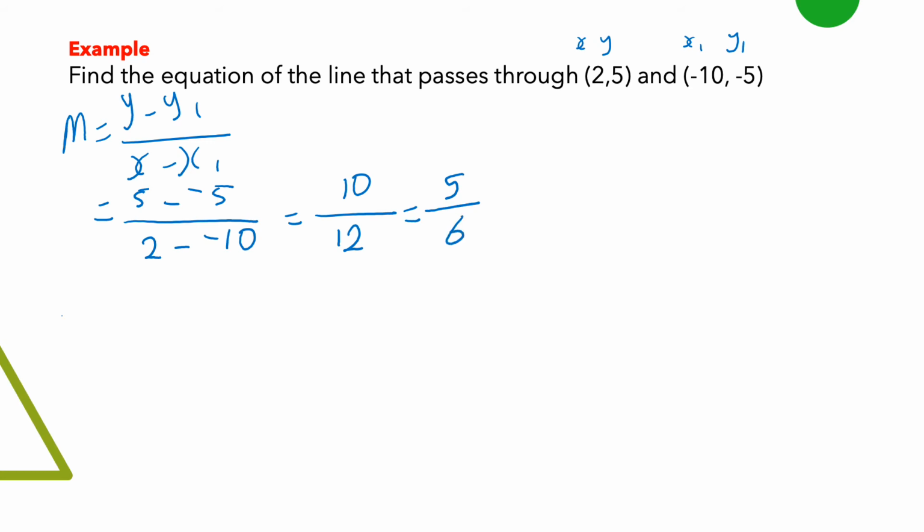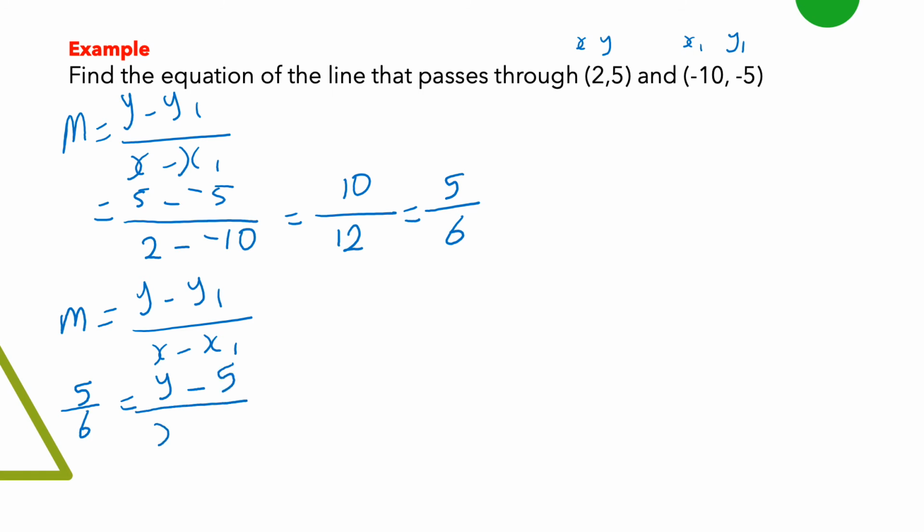Now we reuse the gradient equation again, but this time we substitute the gradient we found, which is 5 over 6, equal to y minus, and here you can use any points, any one of those points will satisfy the equation. So (y - 5) over (x - 2). Now rearrange, so we cross multiply to get rid of the fractions.